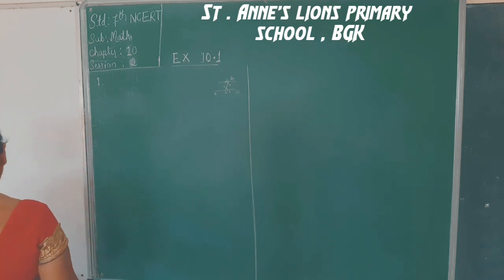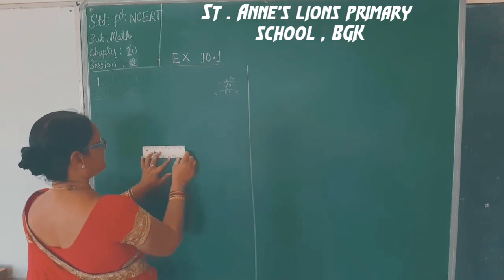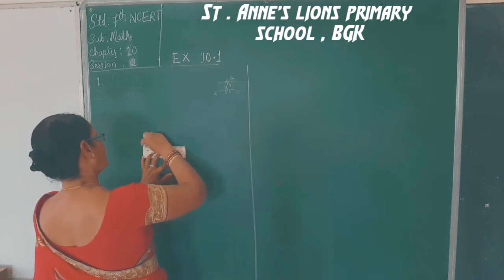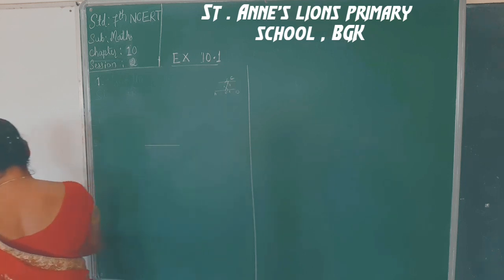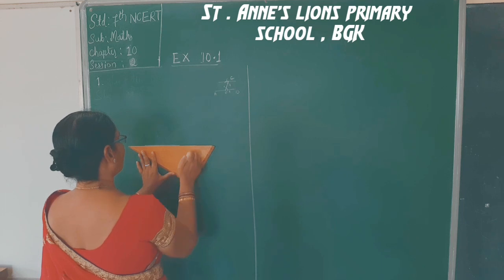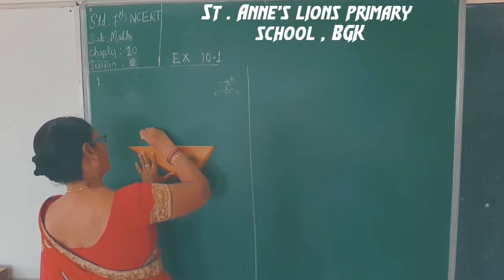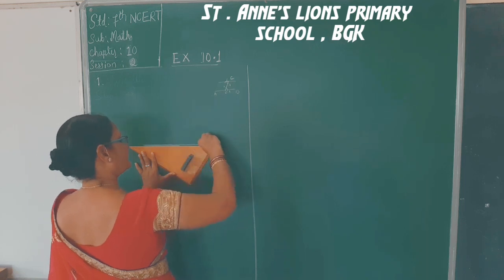Now we will do it according to measurements. Draw line segment AB, taking a convenient measurement, not exact, for example 6 cm or 8 cm.